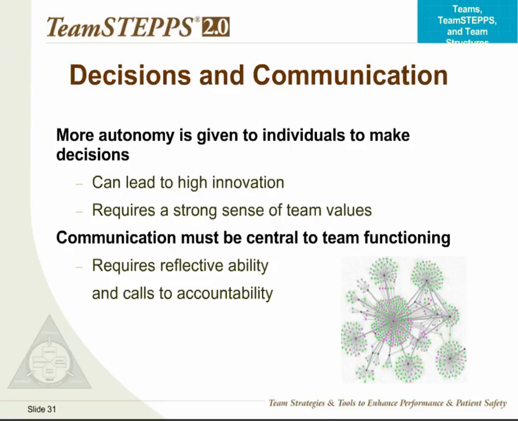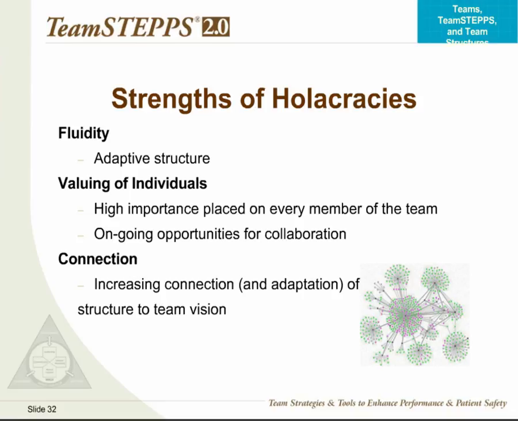We know that in each of these, it's been very, very important for us to think about decisions and communication. In this very informal model, decision-making is given to individuals, so there's a lot of autonomy. And communication must be central to team functioning. We know that in this model there's a lot of fluidity.